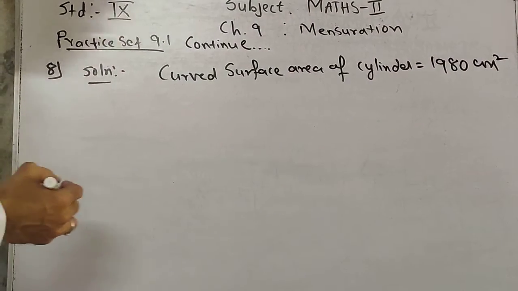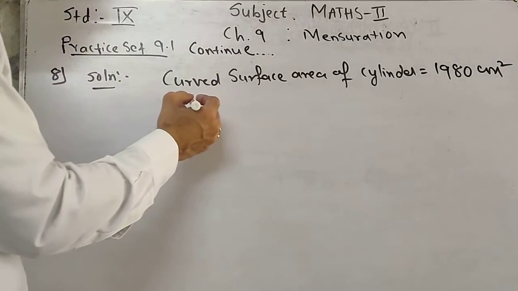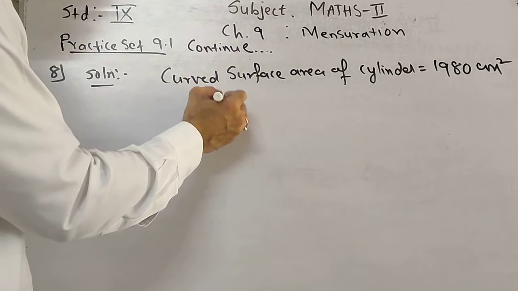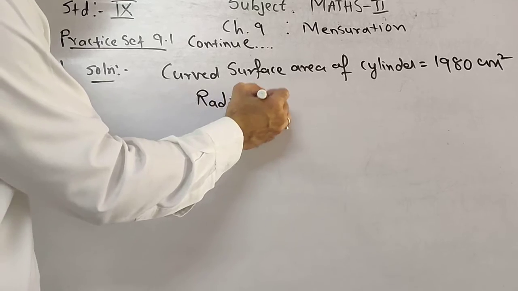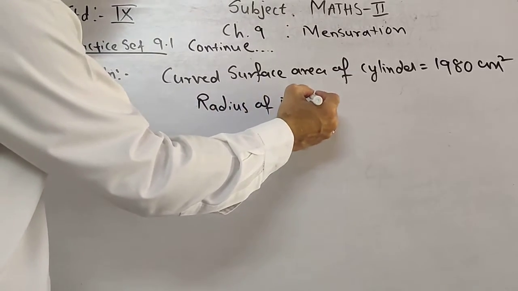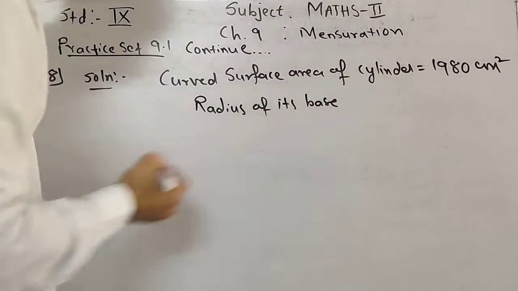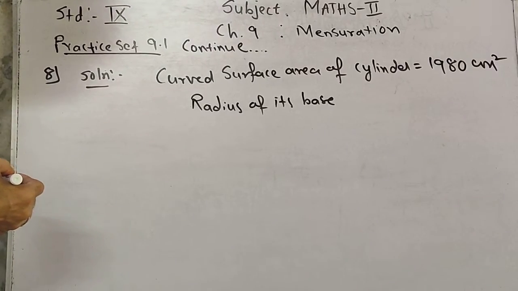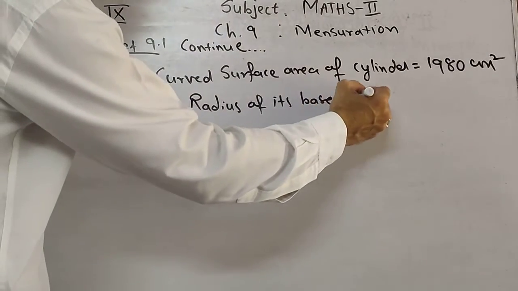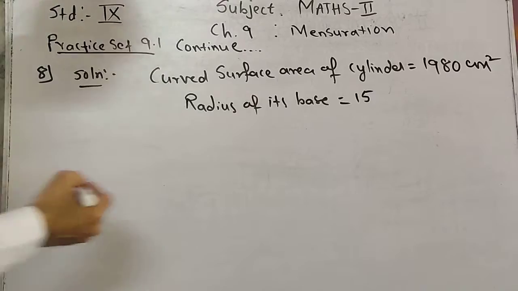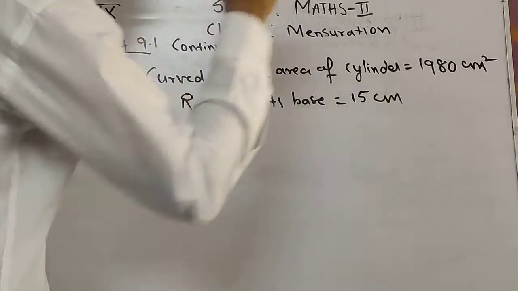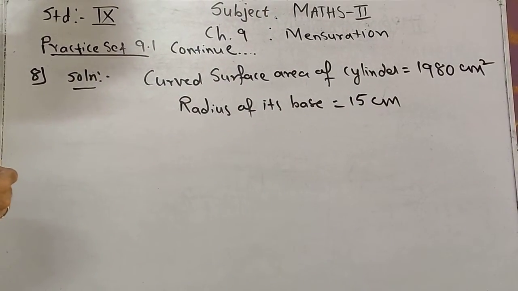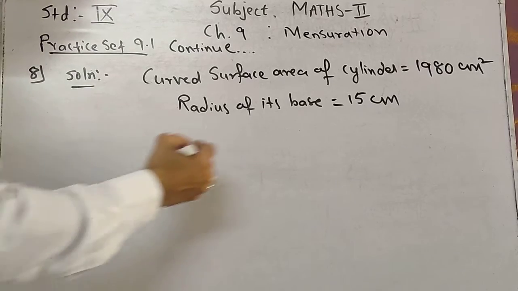The radius of its base is 15 centimeter. Find the height of the cylinder.